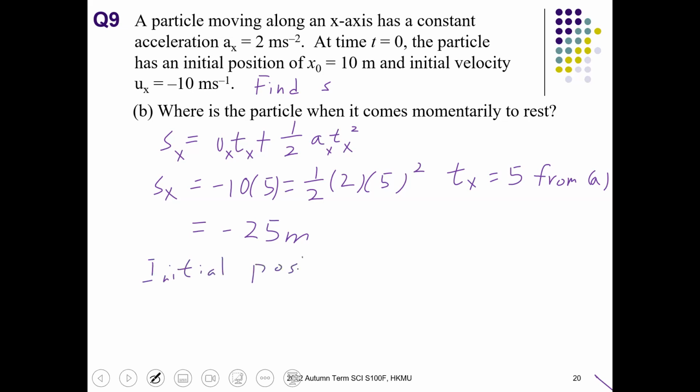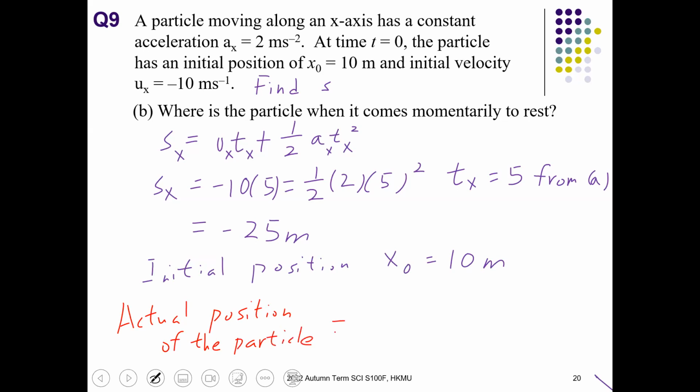Because the initial position, we have x0, this is 10 meters. Therefore, the actual position of the particle is just the initial position added up with the displacement.